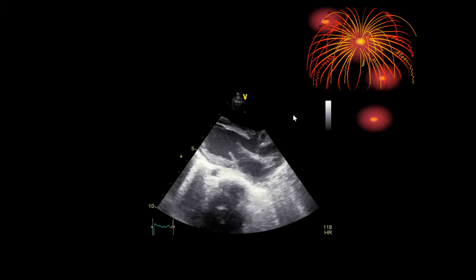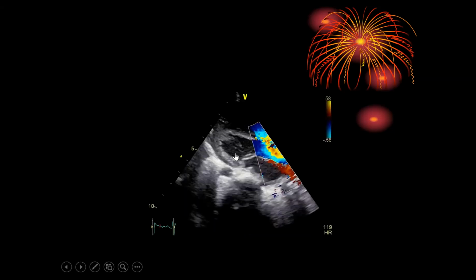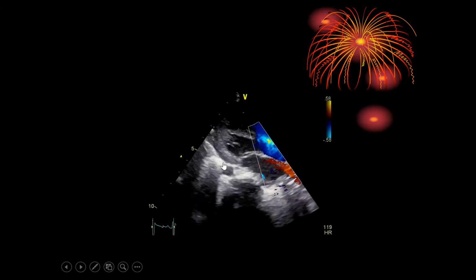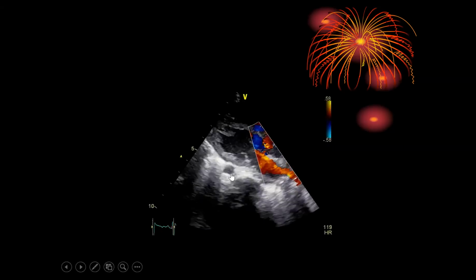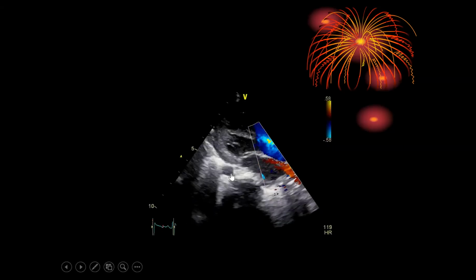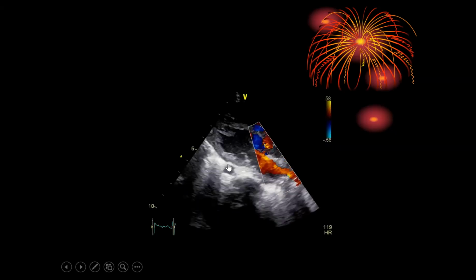If you look at the colors, both flows would be going in one direction at one go. During systole, LV would be pushing blood to the aorta and RV would be pushing blood to the aorta. So this is known as overriding of aorta, and this is associated with VSD.